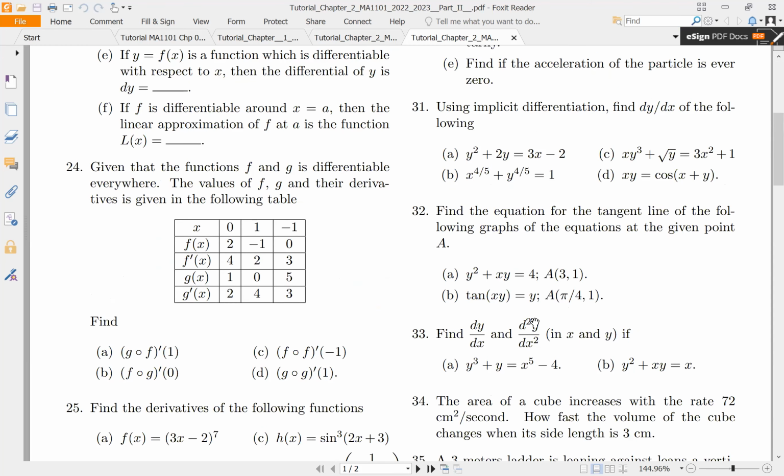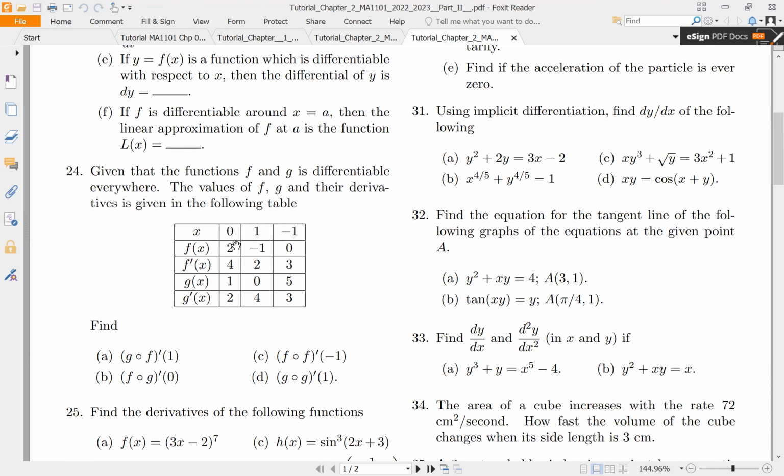The typical example problem will be about number 24. If you are given the value of f, f', g and g', you have to know how to calculate the derivative of, let's say, g composed with f. So you have to recall the formula for the chain rule here.